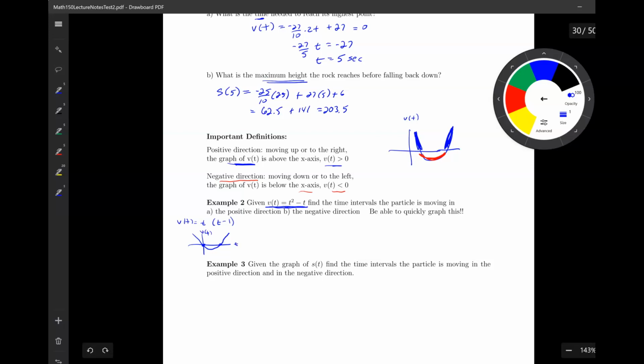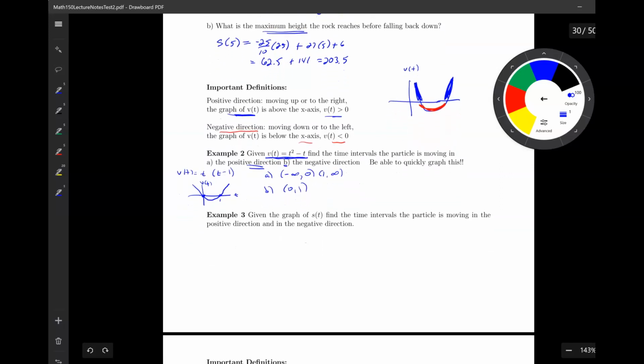So when is this moving in the positive direction? It's moving in the positive direction when v of t is bigger than 0. So the answer to A is negative infinity to 0, and then 1 to infinity. And when is it moving in the negative direction? That would be from 0 to 1.